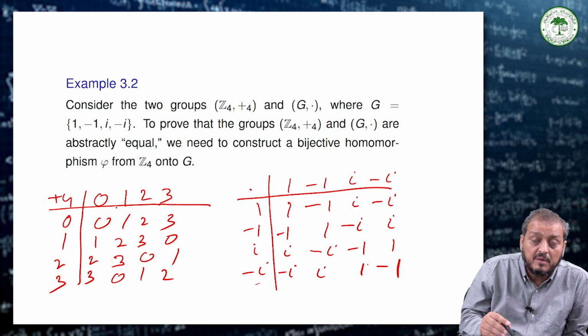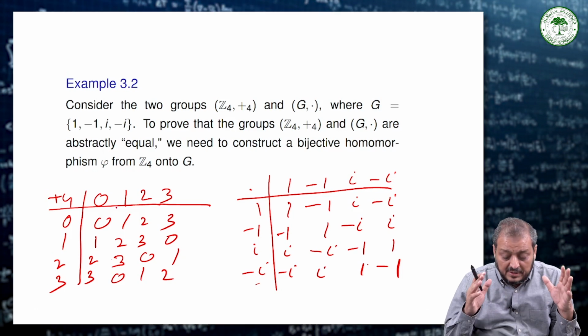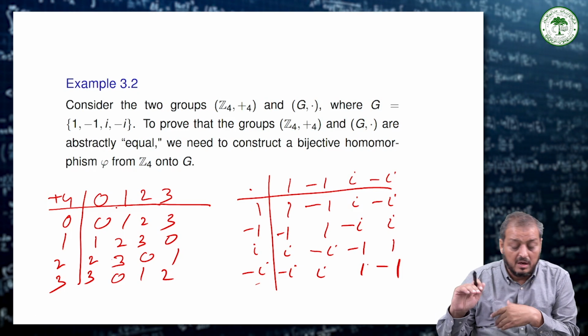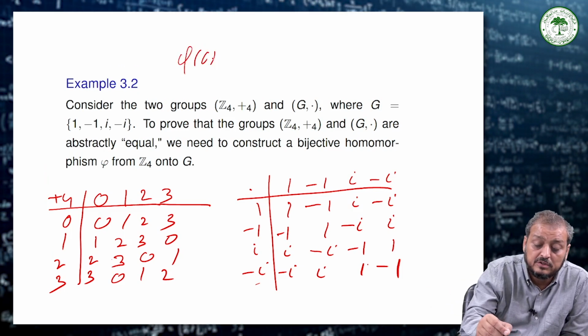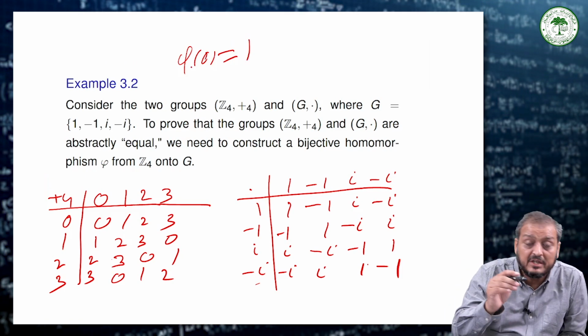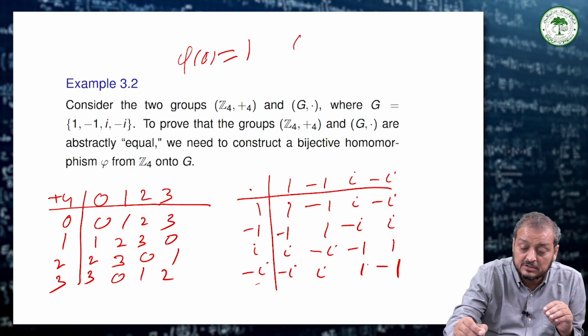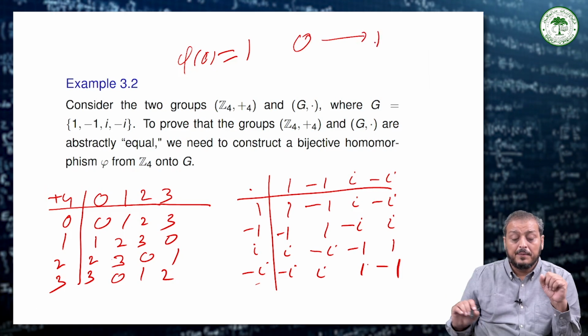You know that by the property of a homomorphism, the identity is mapped to the identity. So, phi of 0 is always equal to 1. This is very clear: 0 is always mapped to 1.